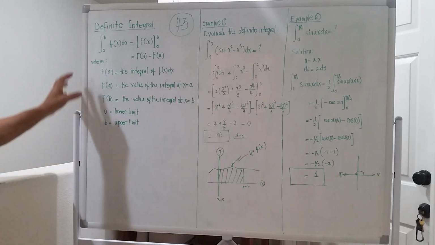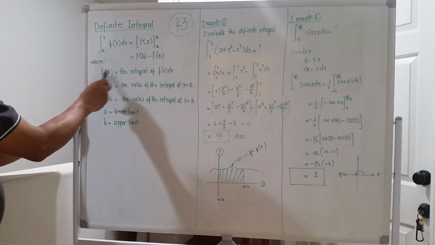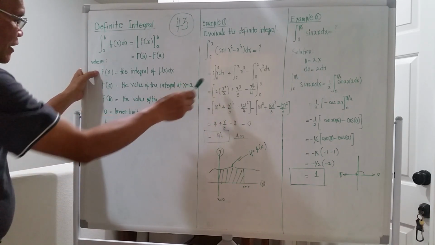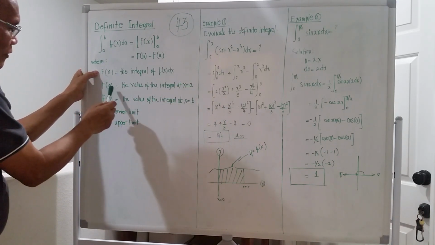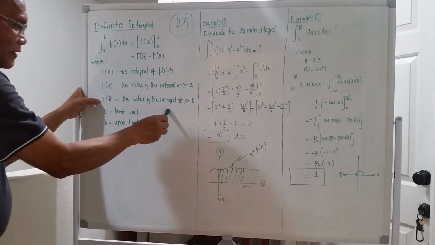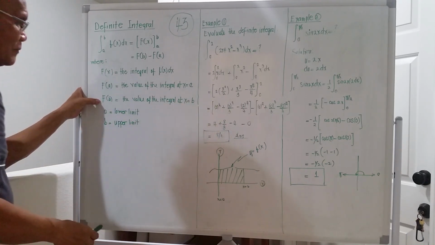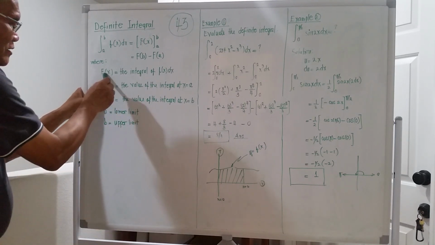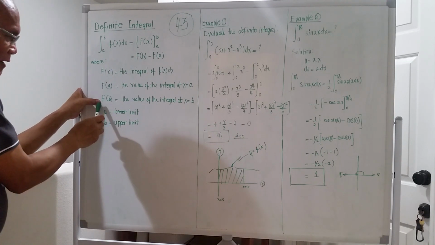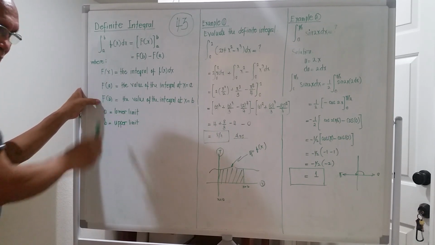Meaning, we are given f of x, so if we try to substitute the value of x equal to a, that's the meaning of F of a. F of b will be the value of the integral at x is equal to b. Just go back to this, substitute the value of x equal to b, that will be capital letter F as a function of b.